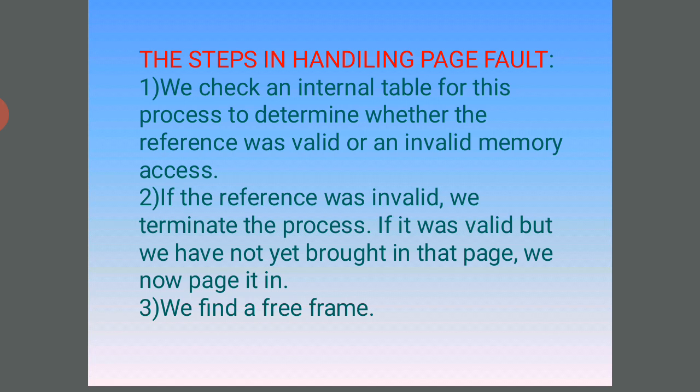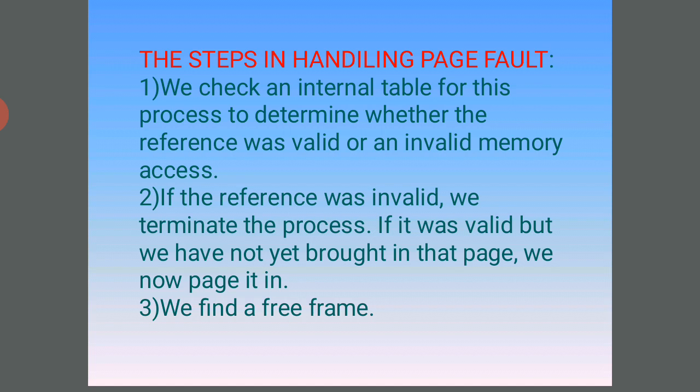So we find a free frame. What is a frame? A frame is an area that holds a page, and the number of frames are recorded in the table, which is called the page table. We find the free frame, and we schedule a disk operation to read the desired page into the newly allocated frame.